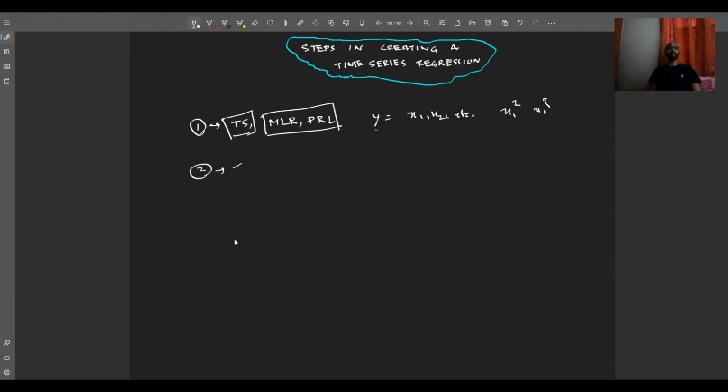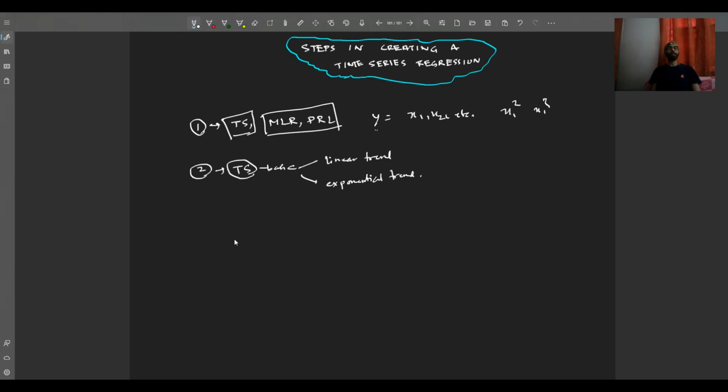The second step is to start with basic time series. Basic time series means you start with a linear trend or an exponential trend, right?